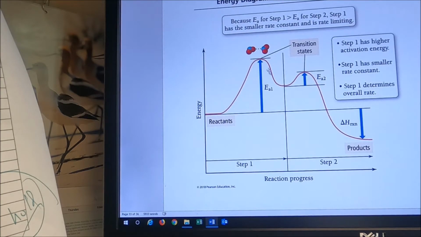So let's look at this energy diagram. If we really think about it, each step in the process has its own activation energy. The slow step, the rate determining step, is the step that has the largest activation energy.